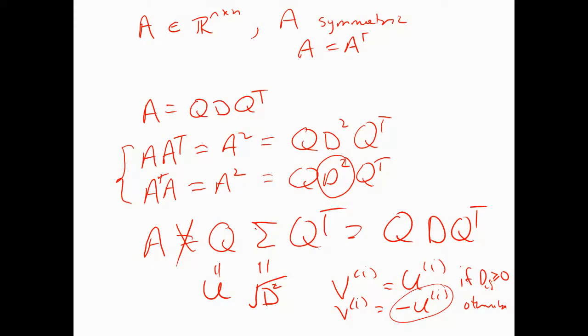There are different choices for the eigenvectors, and you have to pick a compatible one for the SVD. So you can't pick an arbitrary U and V that correspond to the orthonormal eigenvectors of A transpose and A transpose A. You have to pick a compatible set of orthonormal eigenvectors.